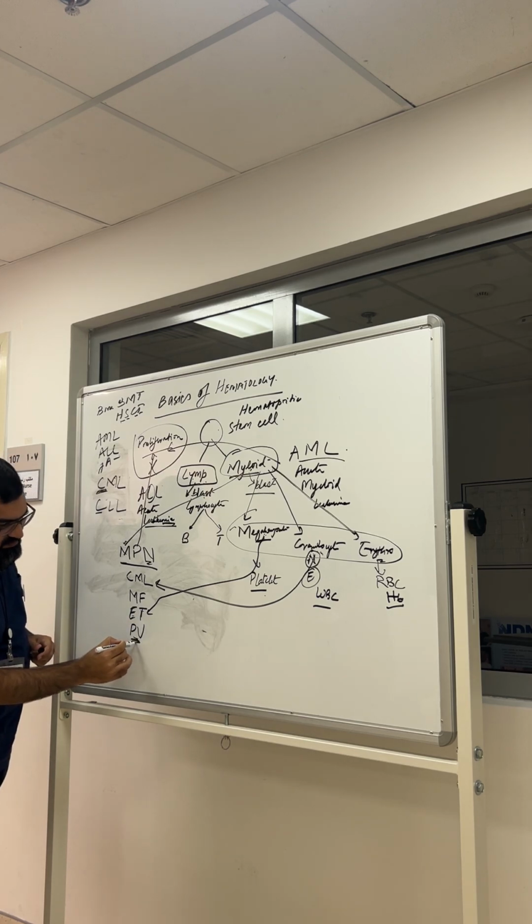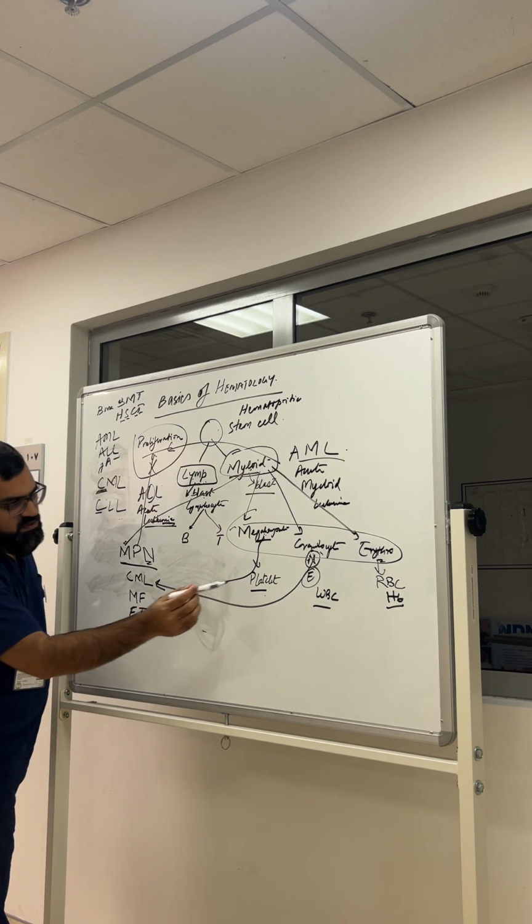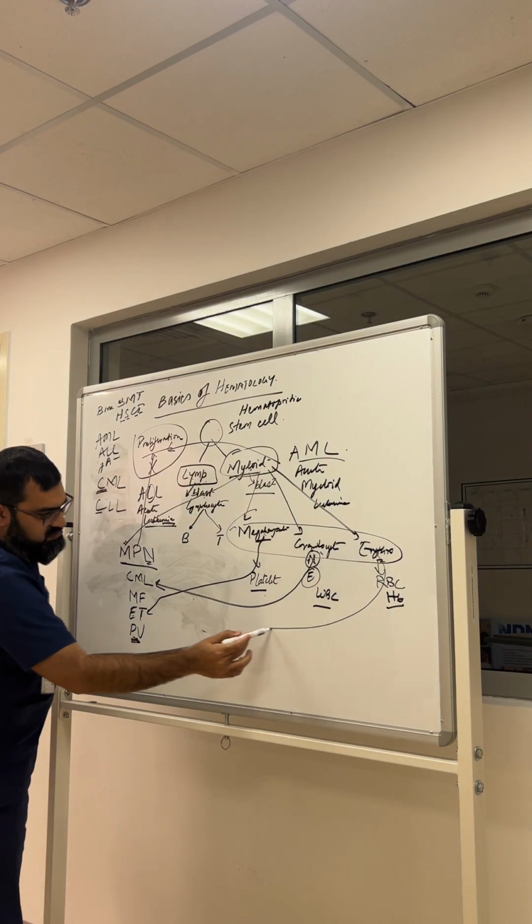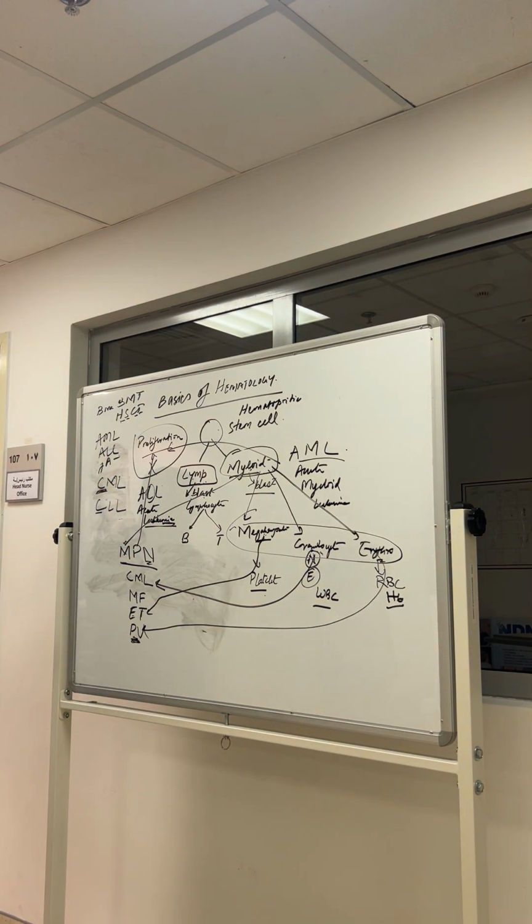What is polycythemia? Polycythemia comes with the problem with the erythroblast and the RBCs. So let's say a patient will come with a hemoglobin of 20, 21. Yani normal maximum for males 14, 15, for females 12, 13. Patient will present to the emergency department complaining, I have headaches, I have dizziness. What's the hemoglobin? 21.